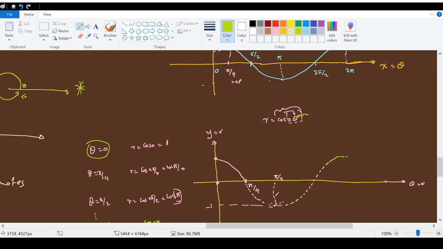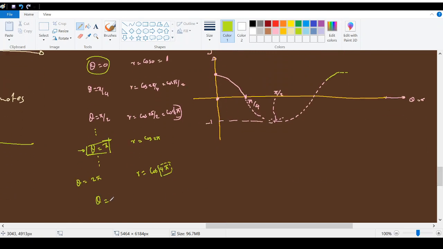And now here we found that at pi over 2 it reaches -1, and you can see when theta is equal to, let's have 3 pi by 4, then cosine 2 theta will be equal to cosine 3 pi by 2, right?